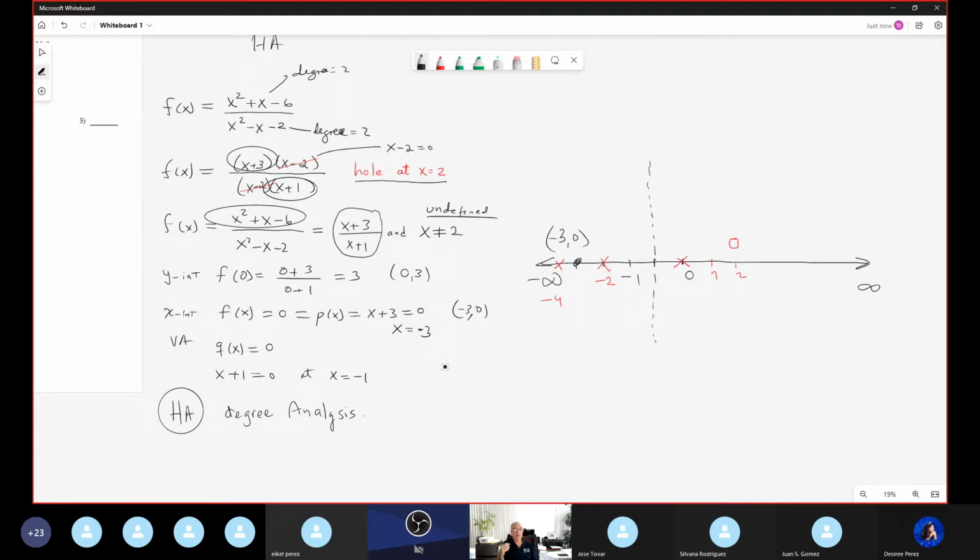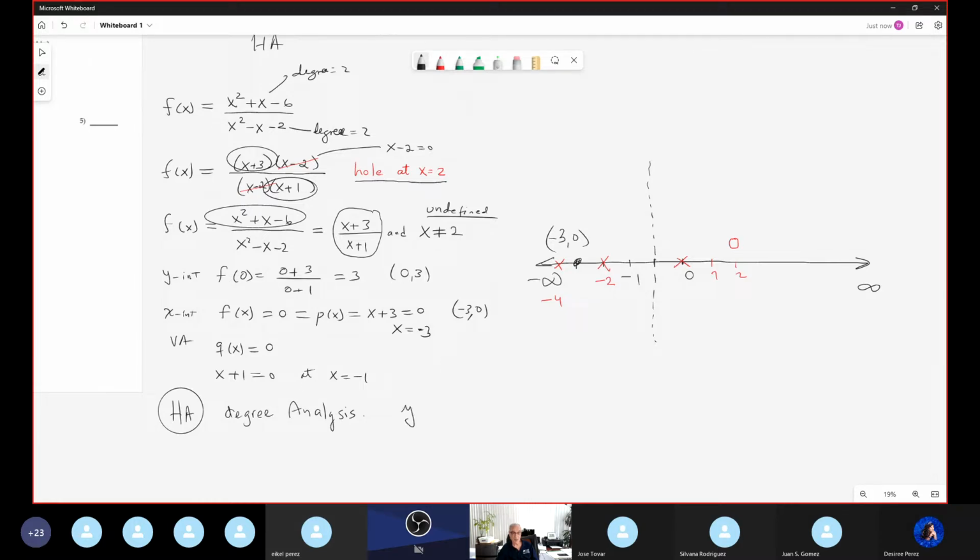We have a slant when the degree of the numerator is greater than the degree of the denominator. Otherwise, no. We have 2 examples of the horizontal: when the degree is the same, or, like in the previous example, when the degree of the denominator is bigger. Now, in this case, the same degree, yes, we have a horizontal asymptote.